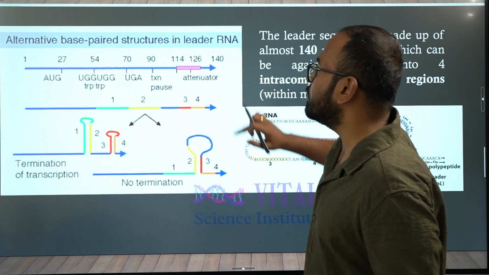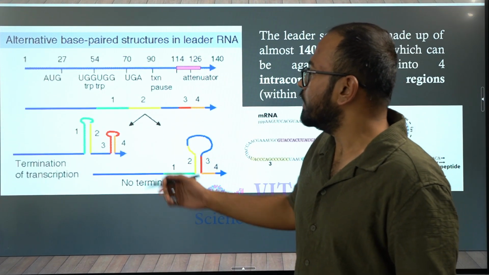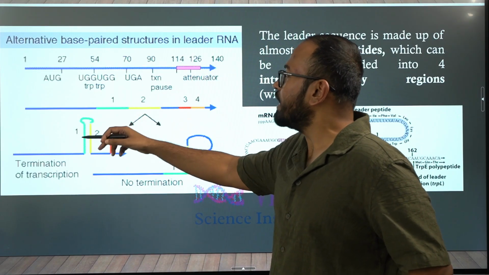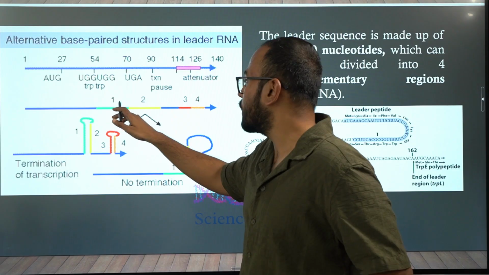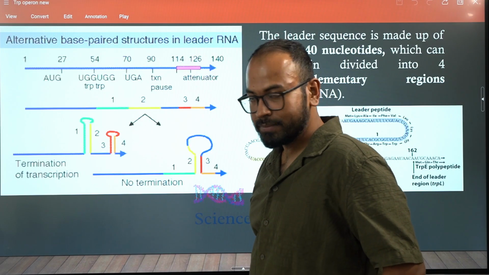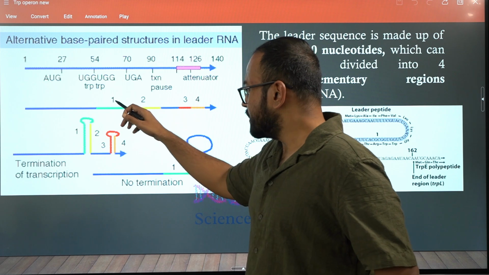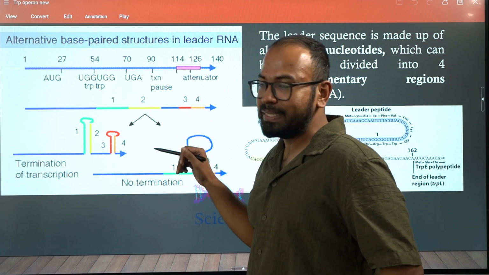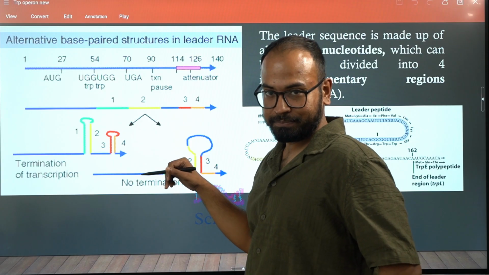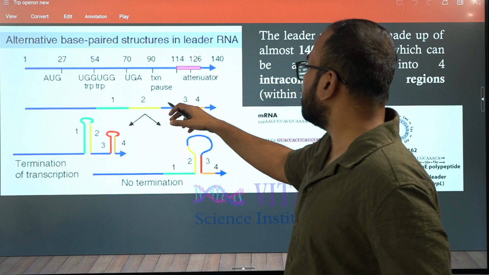Let's analyze our leader sequence. Within the leader sequence, we have 4 regions: 1, 2, 3, 4. These 4 regions are kind of intracomplementary.